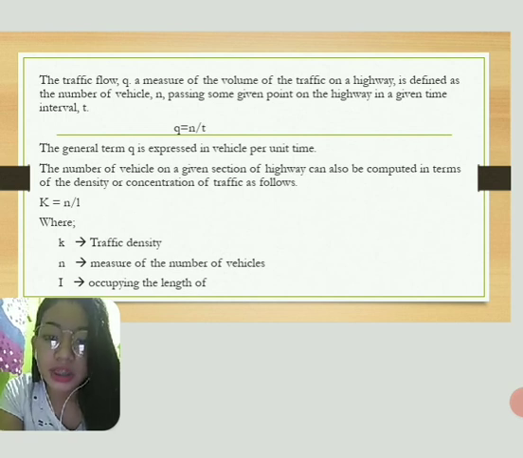The general term Q is expressed in vehicles per unit time.